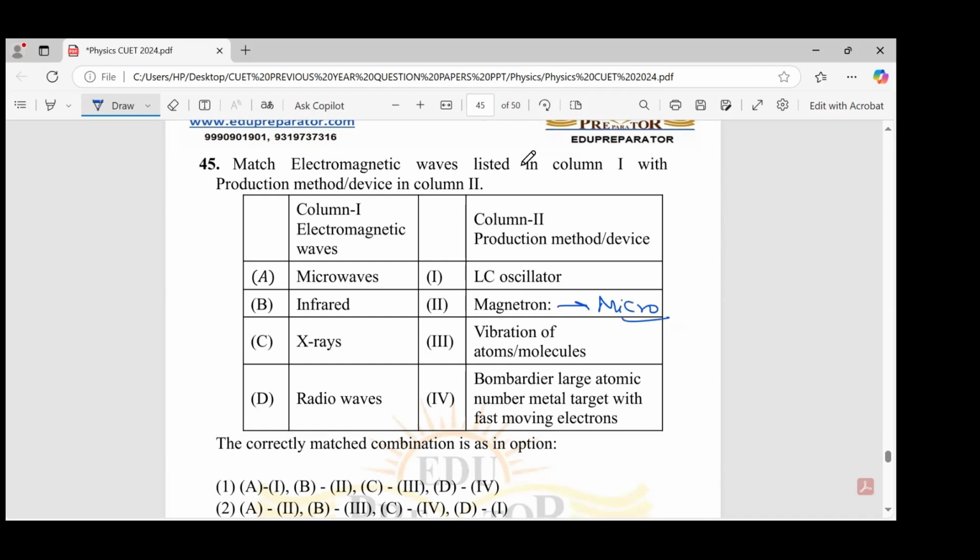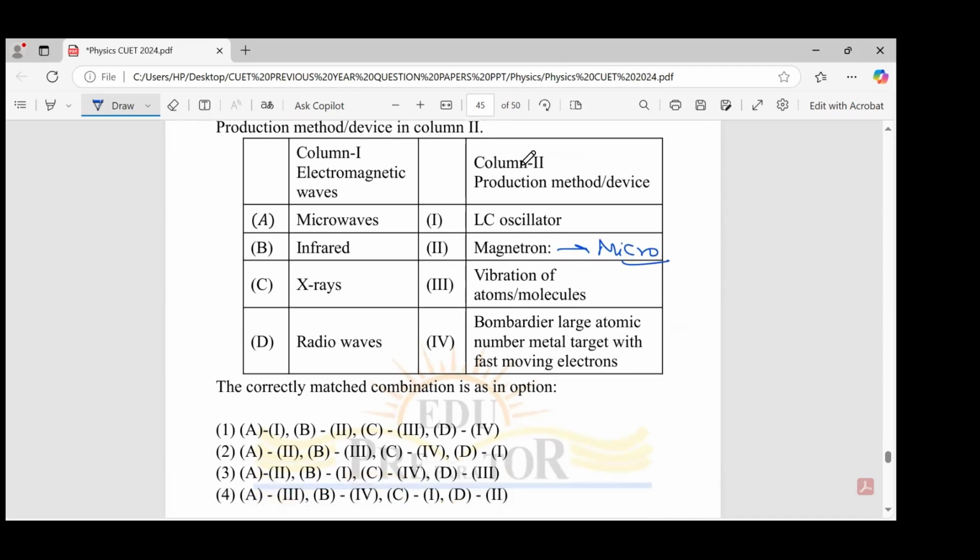If you proceed with this, keeping the point of the sources, you find that the second is the correct answer, because microwaves are produced by a magnetron valve and radio waves are produced by an LC oscillator, right? X-rays are produced by bombarding a metal with high atomic number with fast moving electrons, and infrared is vibrations.